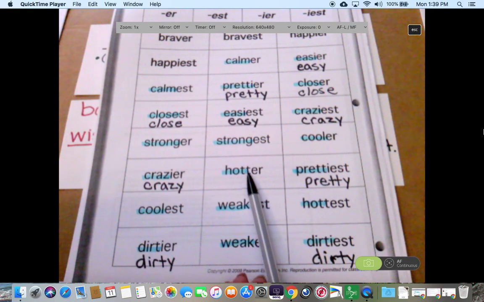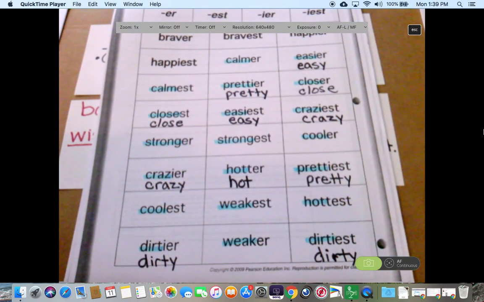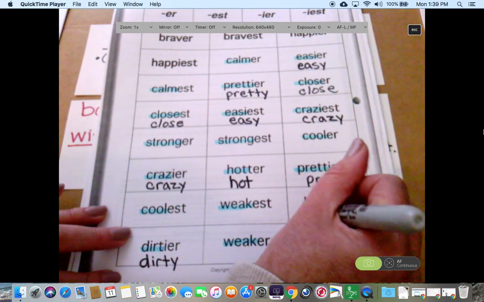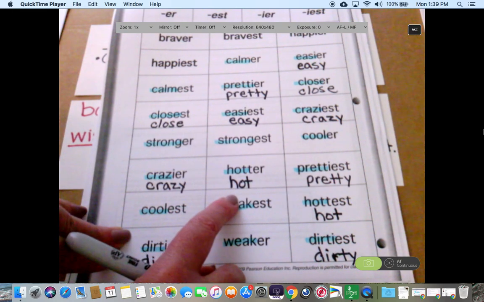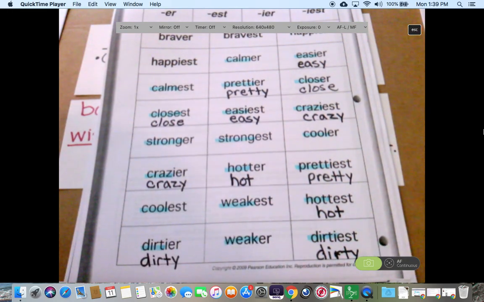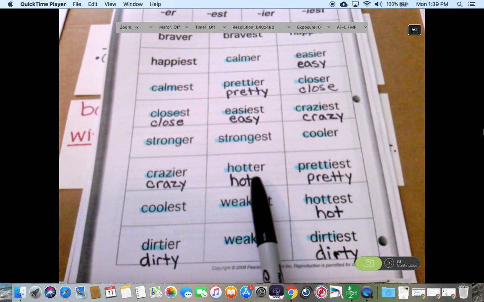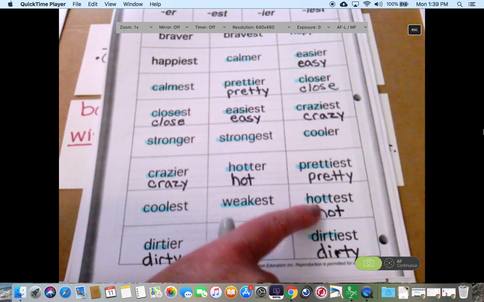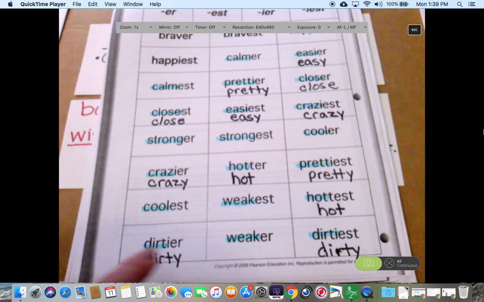Hotter. Now here you'll notice our base word for hotter and for hottest is actually spelled H-O-T, one T. You might remember from before in learning that when a word has the consonant vowel consonant pattern, or a CVC pattern, and it has that short vowel sound, when we're adding an ending to it, most of the time we double the consonant and then you add the ending, which is why for hotter and hottest you write two T's, okay?